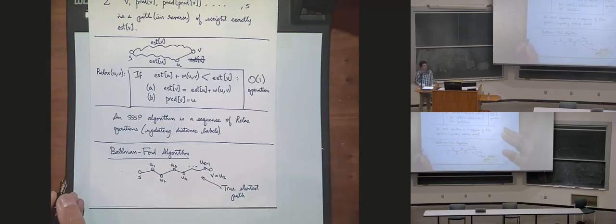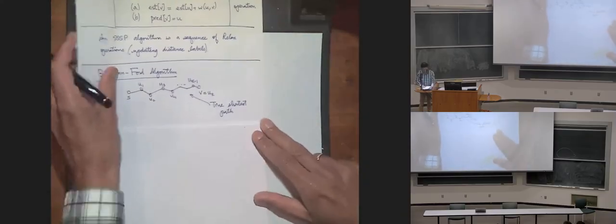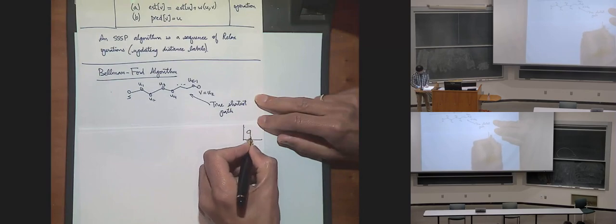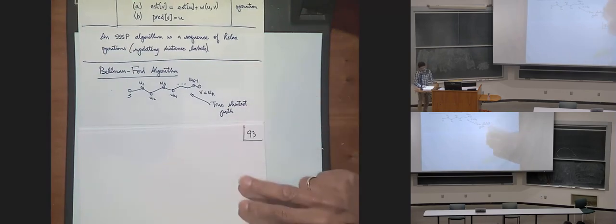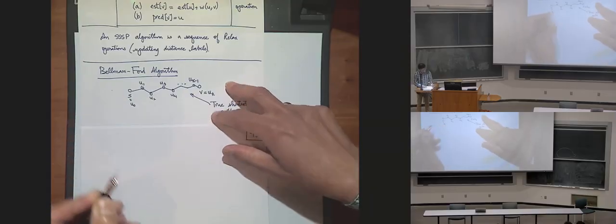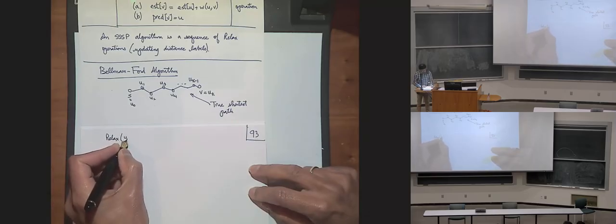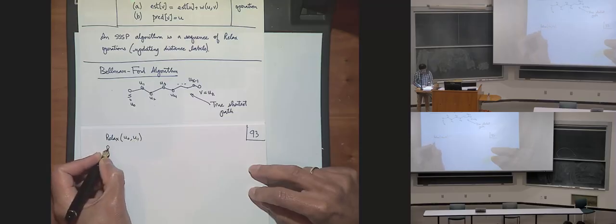Now, consider the following sequence of relax operations. Actually, I'll move on to another page. Okay, so is that clear? Let me refer to S as U0. I'm just going to do relax U0, U1.